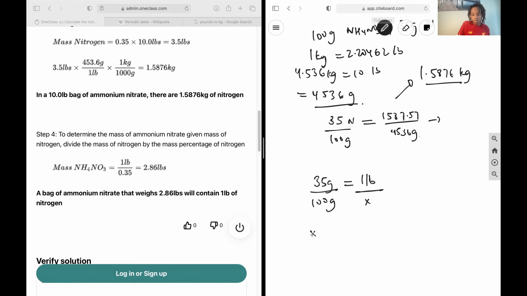And so we are going to have x is equal to 100 over 35. And that is going to give us 2.86 pounds. And that's it for this question.